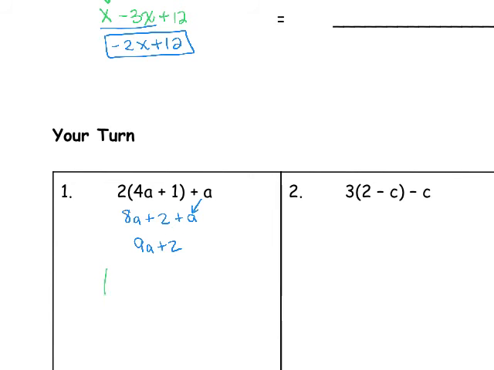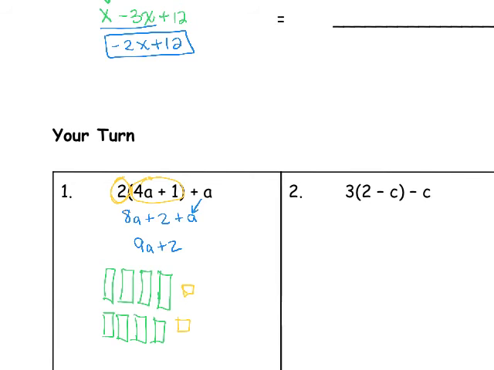I have 4 variable tiles in 1 unit. And how many times do I have this package, these 4 variable tiles in a unit? Well, I have it 2 times, so I got to draw it one more time. And then I have a plus a, which is 1 more variable tile.